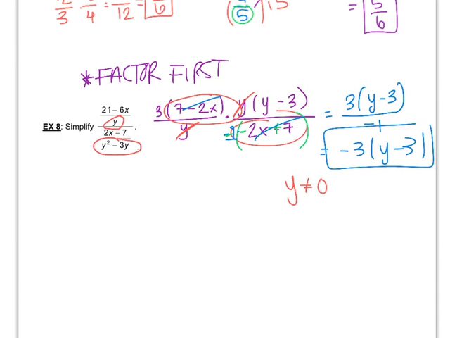Even though I changed it to multiplication and switched it, I still have a restriction there, which means y can't equal 0 and y can't equal positive 3. And then I have this restriction. I had 2x minus 7 in the denominator, which means x cannot equal 7 halves. So we have those 3 restrictions.